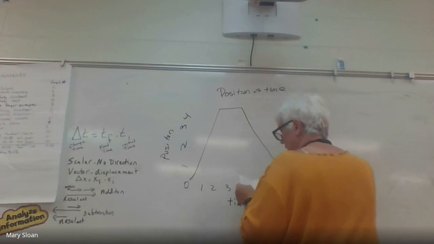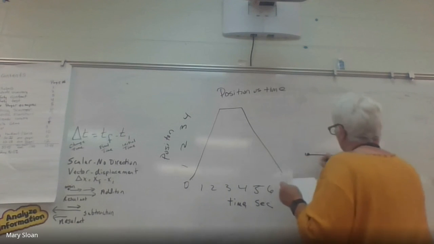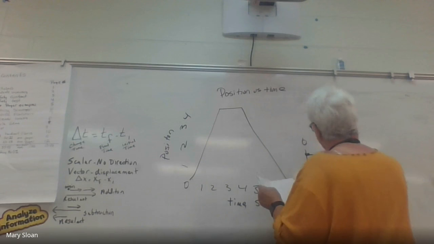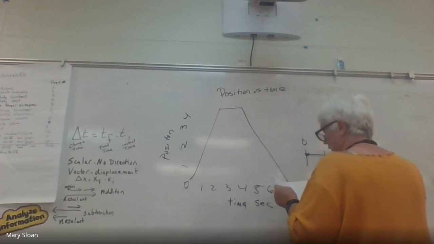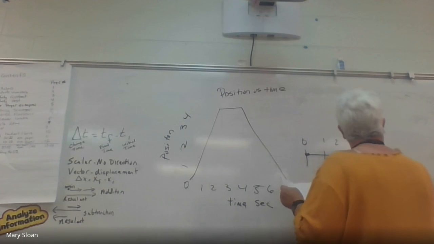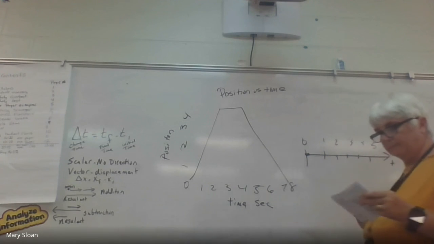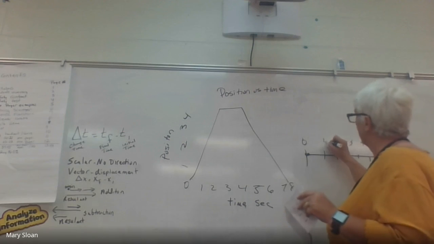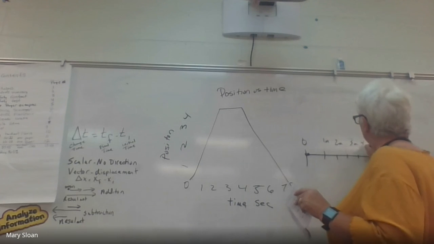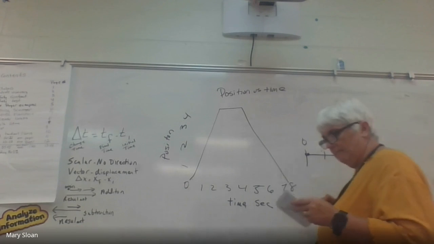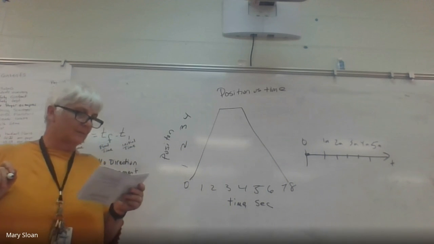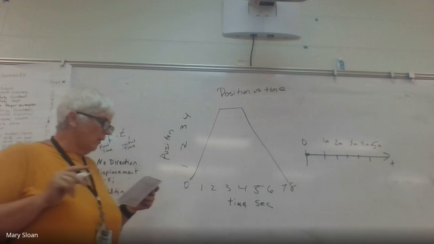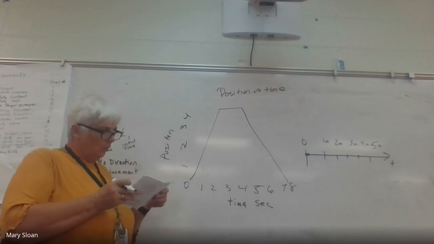Over here, we have 0, 1, 2, 3, 4, 5, and a plus sign. Okay, these are in meters, right? Okay. So if I'm looking at this, what is happening? From 0 to 2.